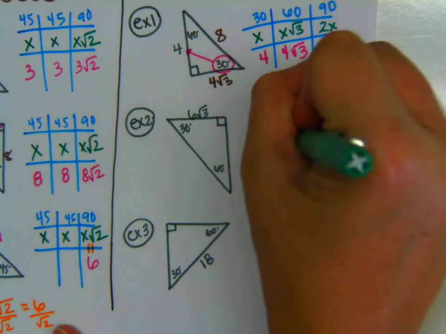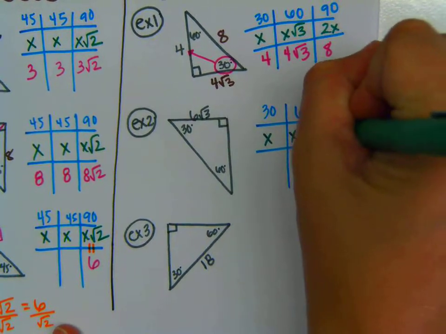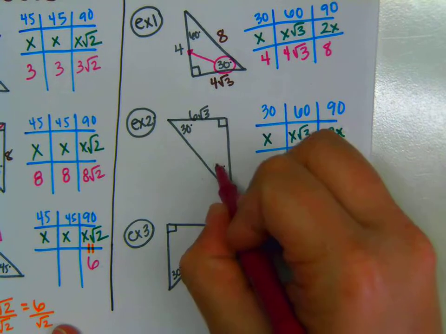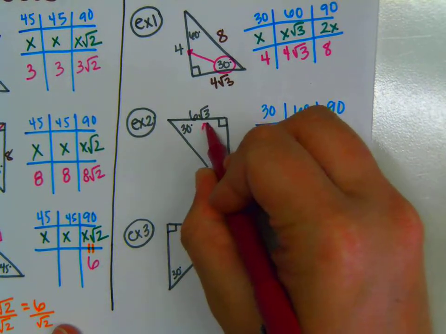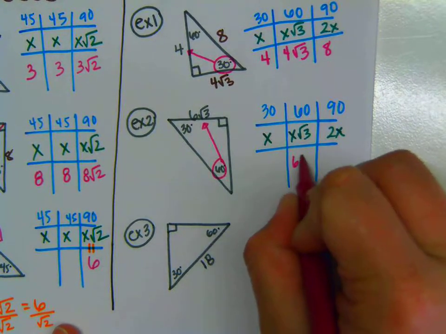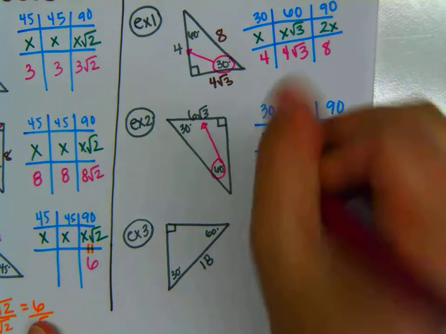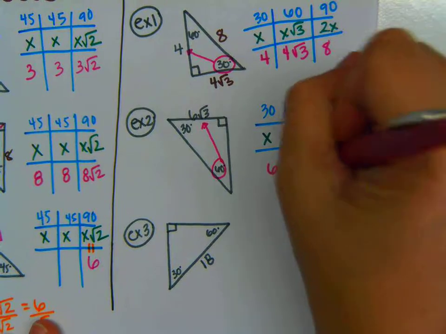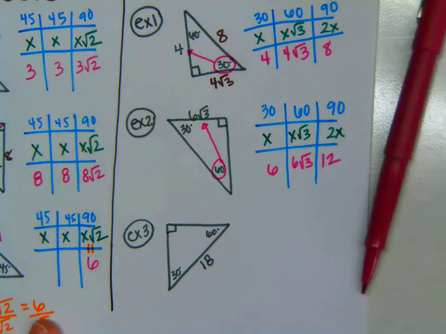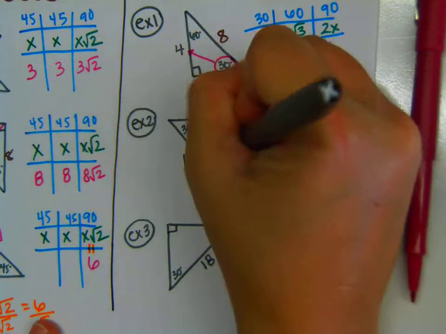X, x root 3, 2x. The one we're given is across from the 60. It is 6 root 3, so I'm going to put that here. Given that, what's x? 6. So what's 2x? 12. So then this is going to be 12 and 6.